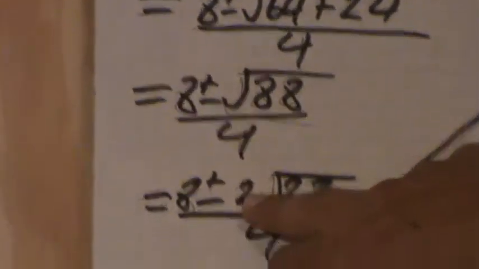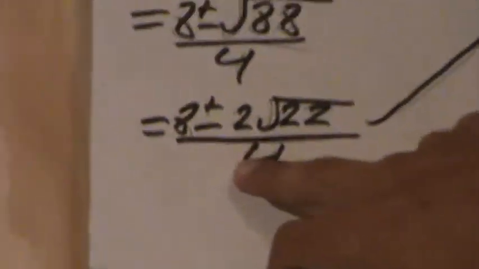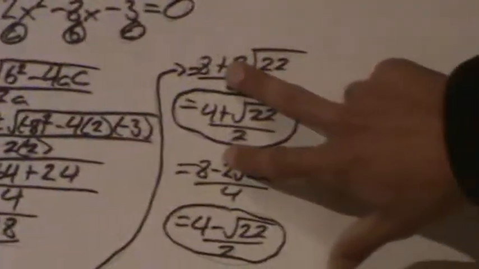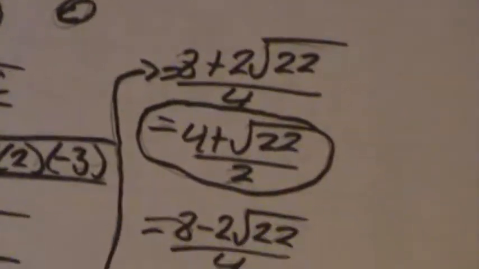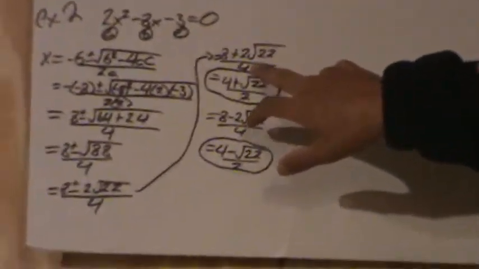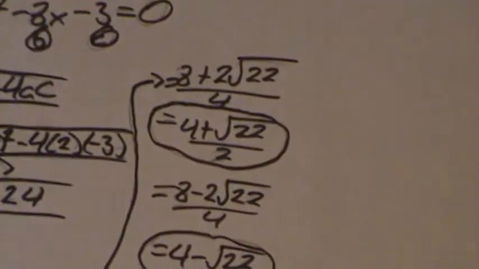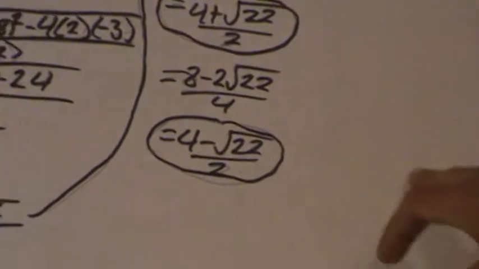We break this up, and when one is positive, one's negative, according to the square root rule. When we simplify, it's 4 plus square root of 22 divided by 2, and 4 minus square root of 22 divided by 2.